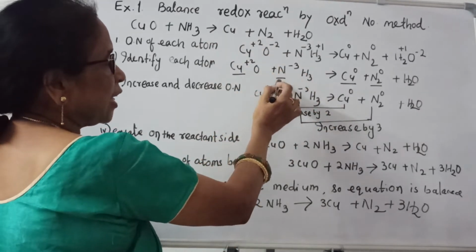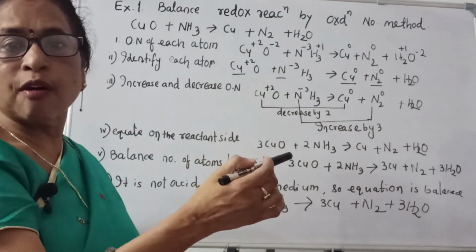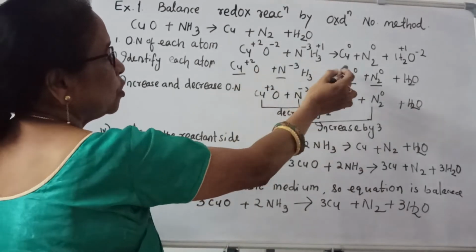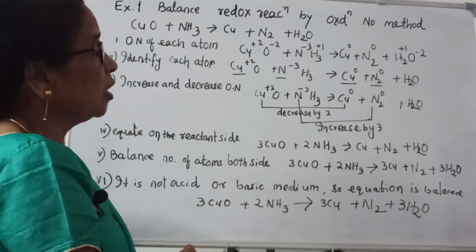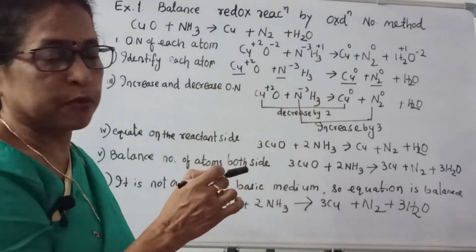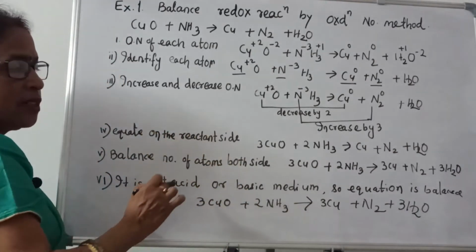Nitrogen minus 3 to 0 means an increase in oxidation number. How much? Plus 2 to 0 means a decrease of 2, and minus 3 to 0 is an increase of 3. Now equate on the reactant side.